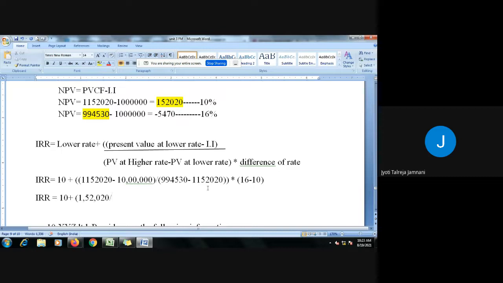Sorry, here in the formula, I have to take present value at lower rate first. I wrote it the other way, and here it is higher. So 11 lakh 52,020 minus 9 lakh 94,530. If we do, see how much you get.